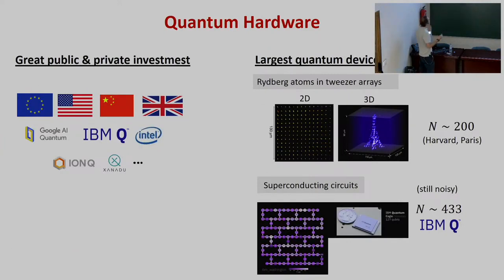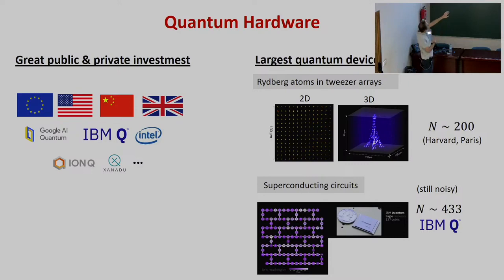Well, and already there has been a lot of progress, and there are a lot of companies and public investment on this, from Europe, the US, China, a lot, and companies like Google, IBM, Intel, and also startups working on this now. And to date, the largest quantum devices so far are Rydberg atoms in tweezer arrays.